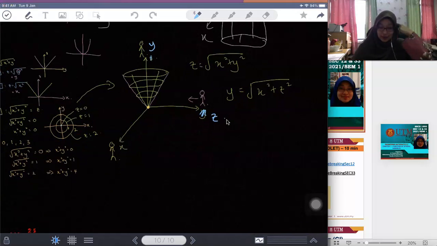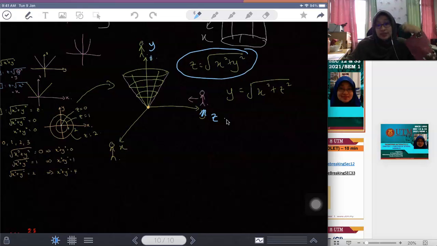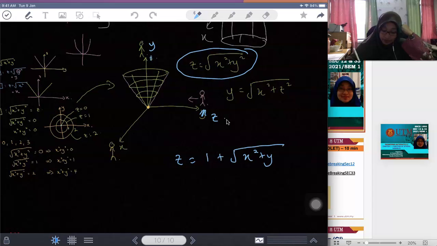How about using the standard equation of a cone? Let's say I give you 1 plus square root of x squared plus y squared. Do we have a similar cone, the same size of cone? Let's say we have this particular cone, and this is z, so my pencil is the z-axis. Now where is the cone going?